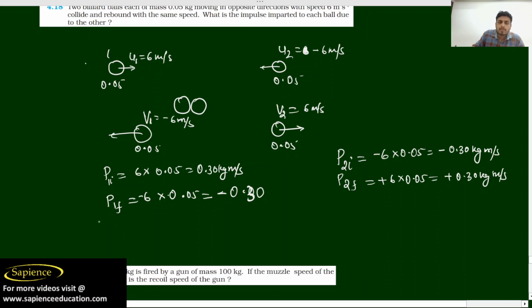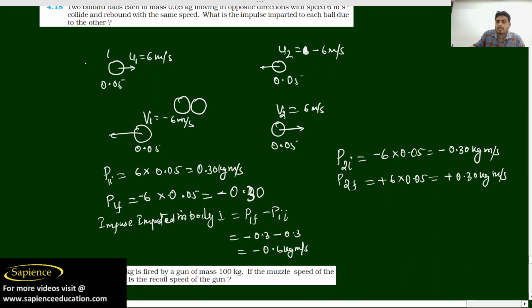So the impulse imparted in body 1 is equal to the change in momentum, that is P1F minus P1I, which is minus 0.3 minus 0.3. So this will be minus 0.6 kg meter per second.